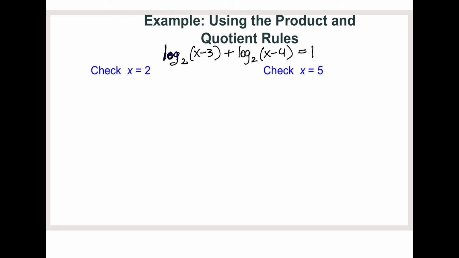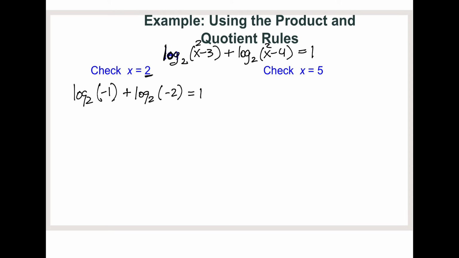So starting with 2, this would be the log base 2 of 2 minus 3, which is negative 1, because we're substituting 2, right? So that's 2 minus 3. Plus log base 2 of 2 minus 4, which is negative 2. And this is supposed to equal 1.